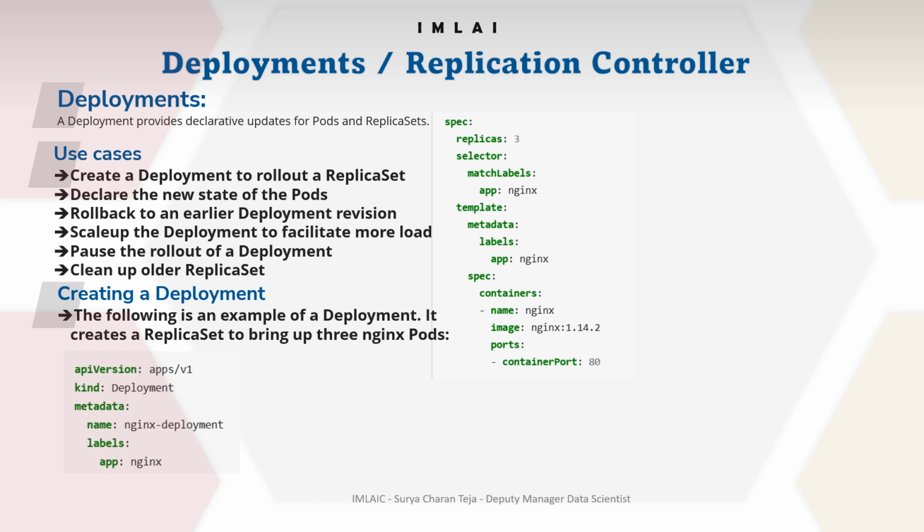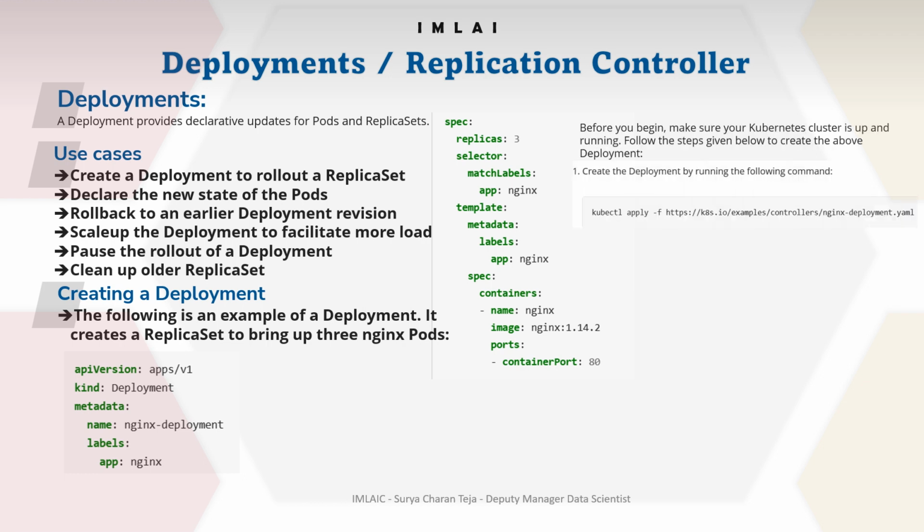This is the deployment object, and the name of this deployment object is nginx-deployment. The deployment named nginx-deployment is created when you use the command kubectl apply -f with this deployment.yaml file.